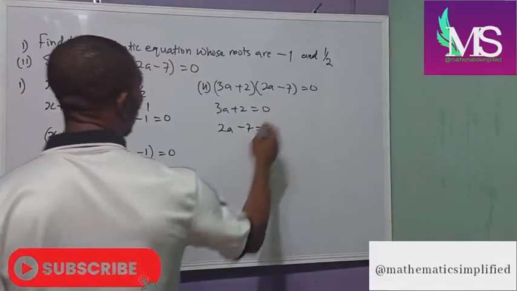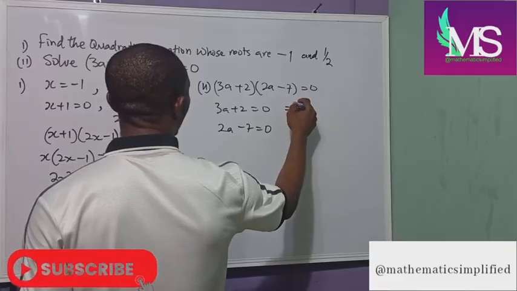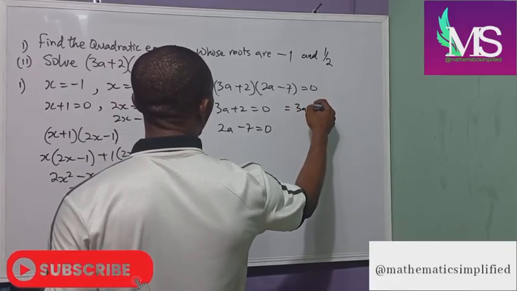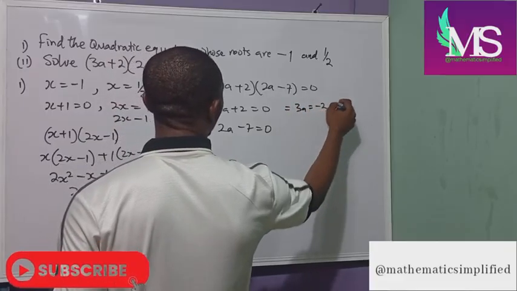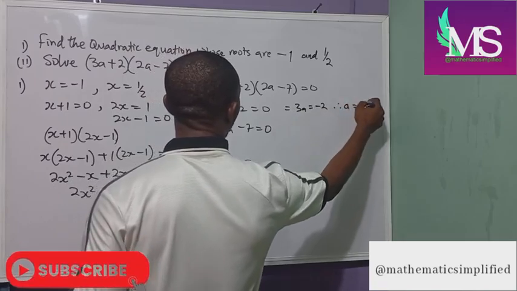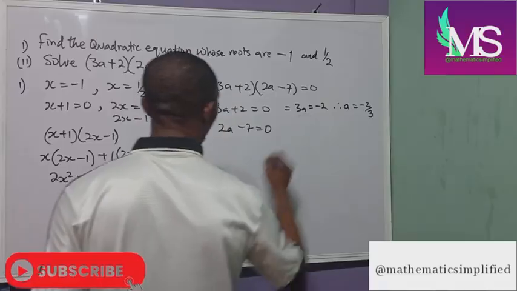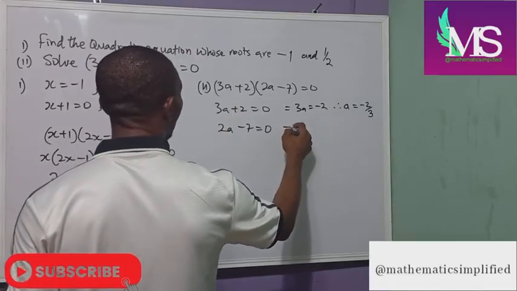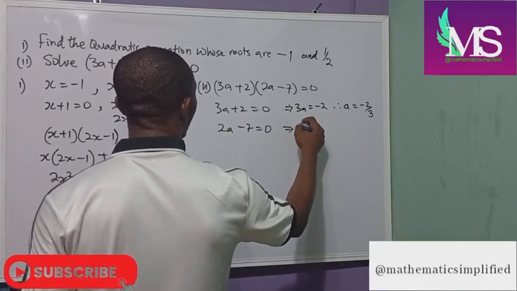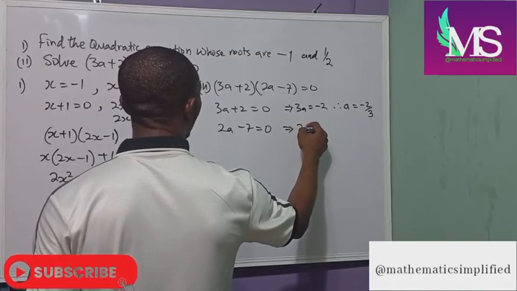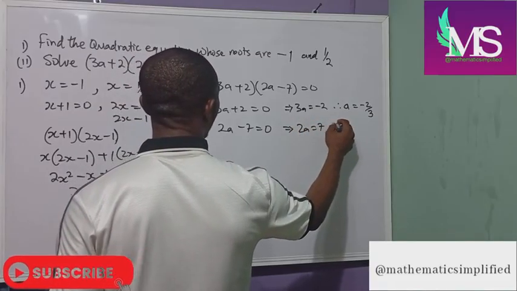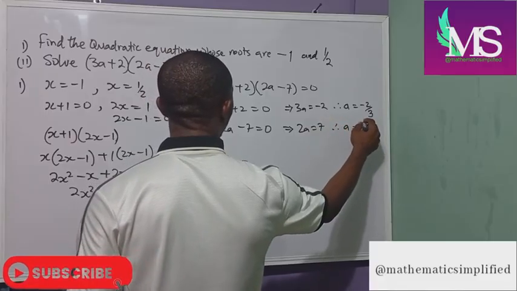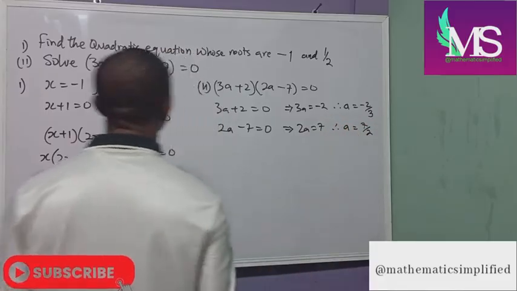Alright, now this will give us 3a equals minus 2. So therefore, a equals minus 2 over 3. And this will give us 2a equals 7. So therefore, a equals 7 over 2.